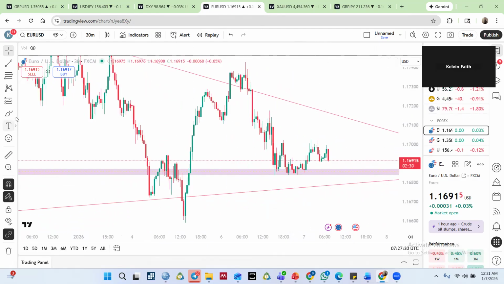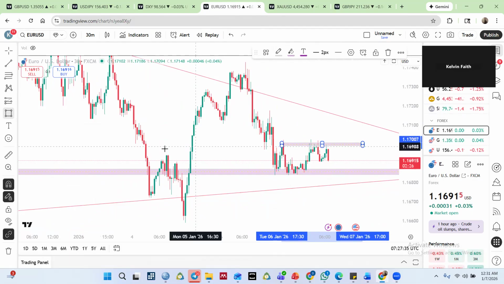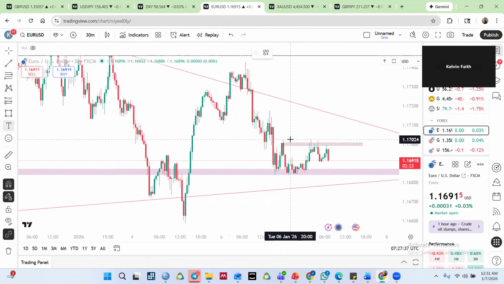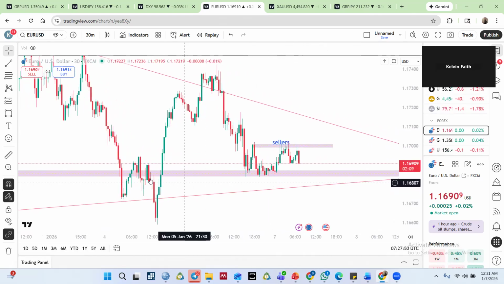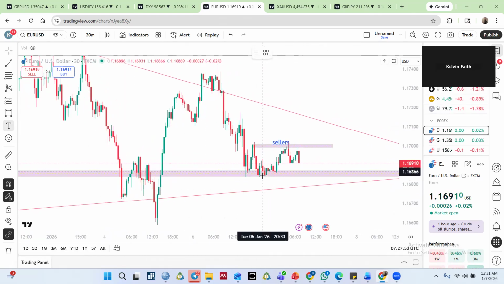Which means that on the 30 minutes on Euro USD here, internally here, we can see that sellers are here. The same way buyers are on the DXY, sellers are here active, and it looks like buyers are also around this area.